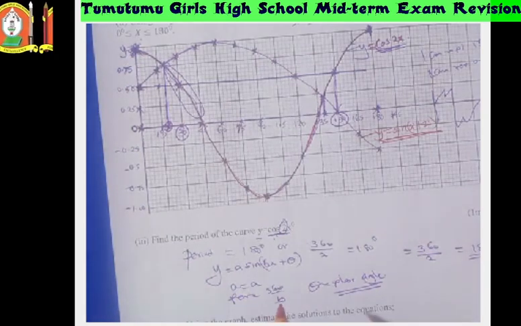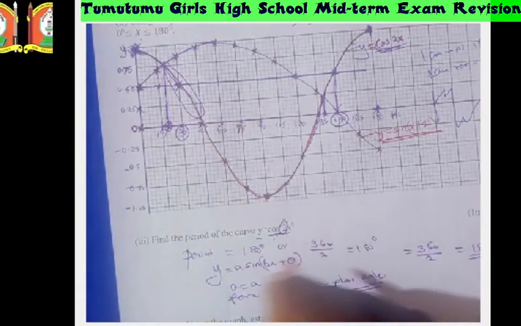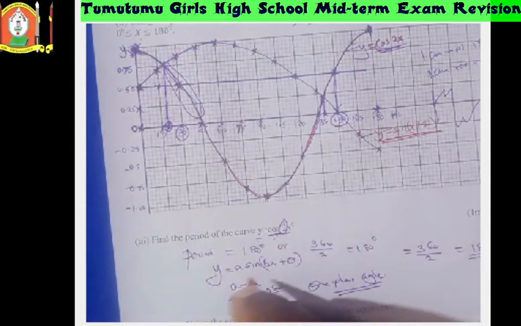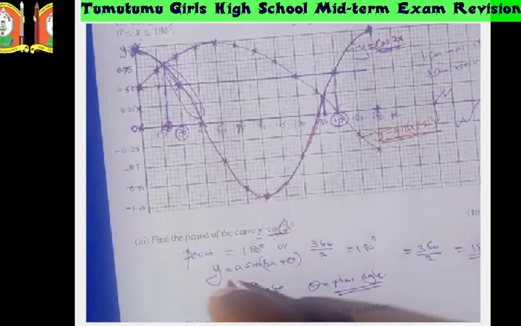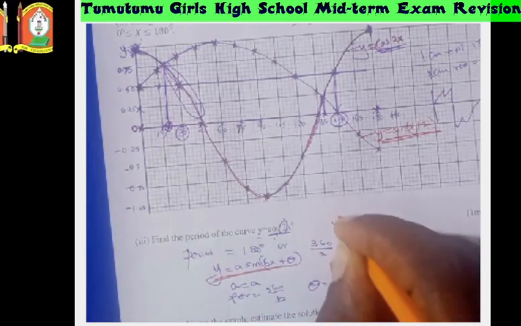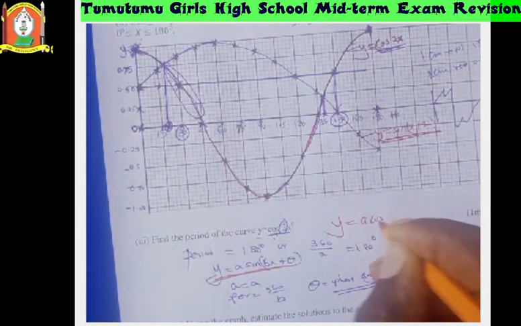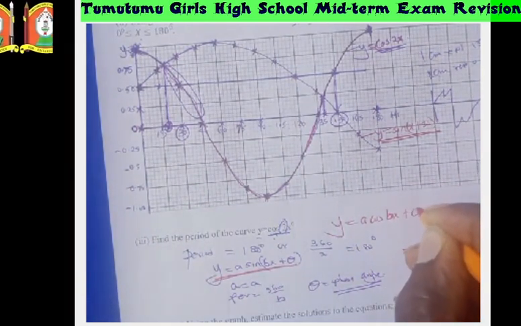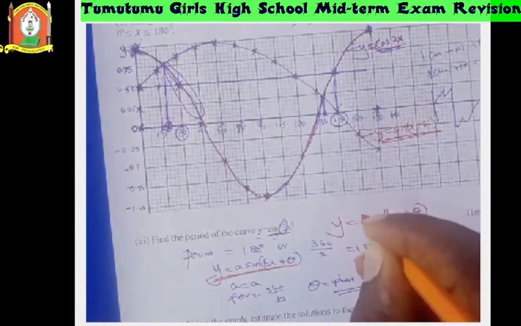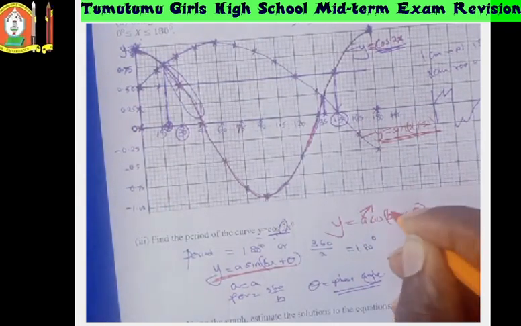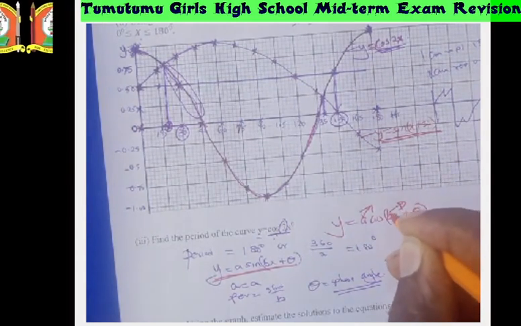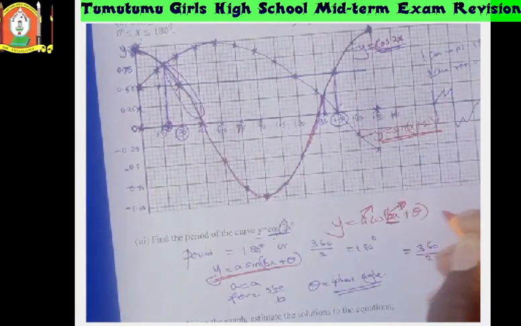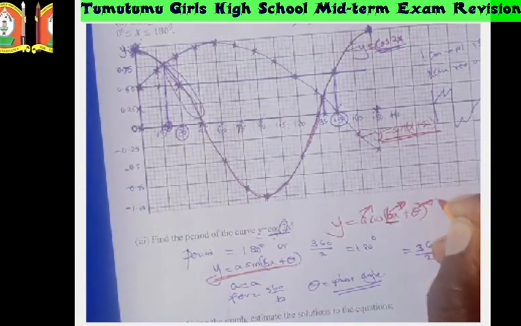Well, of the curve y equals cosine 2x. From the general form of a trigonometric function, we know that y equals a cos(bx plus theta), where a stands for the amplitude, b, the coefficient of x, will help us to find the period, and theta is the phase angle.